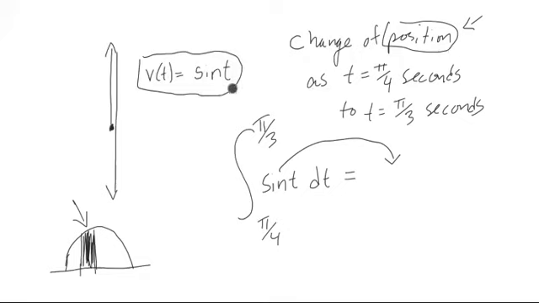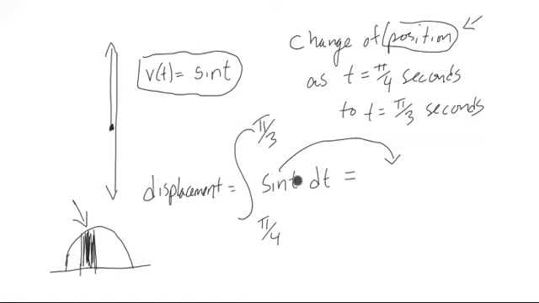But what if all we know is the velocity function and we don't know the position function at all? Then we can use a definite integral in order to compute this change of position, which is also sometimes called displacement. How much it's changed places, perhaps.